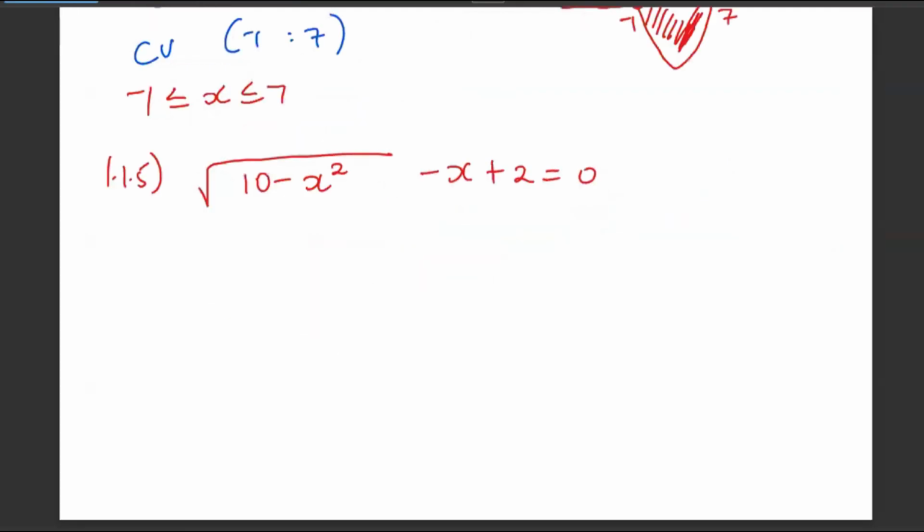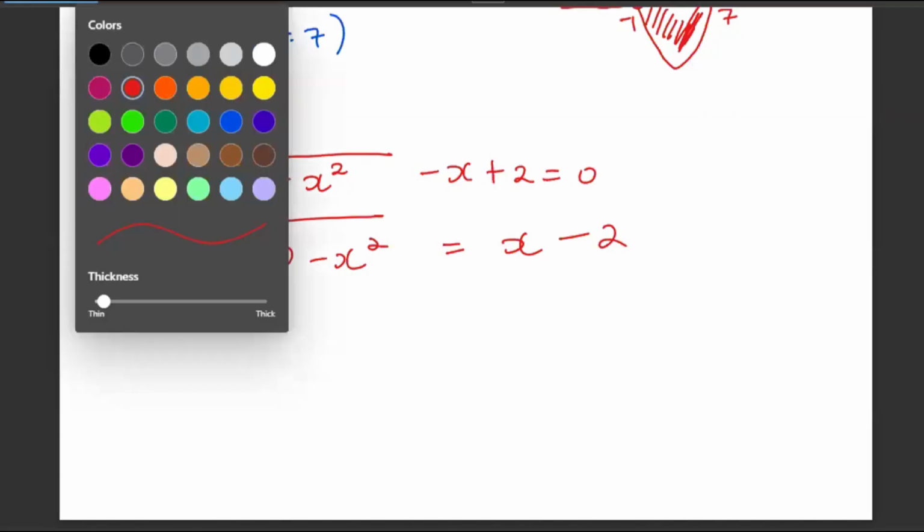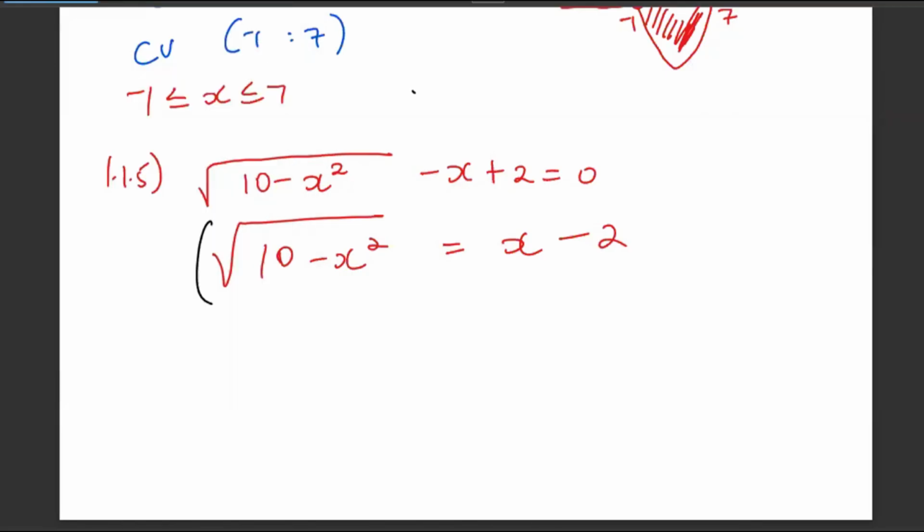First things first, we need to isolate the root form. This should be left on one side, let everything move to the other side. So you're going to have the square root of 10 minus x squared is equal to x minus 2 when this moves to that side. Then step number 2, we need to square both sides so that we get rid of the root sign.